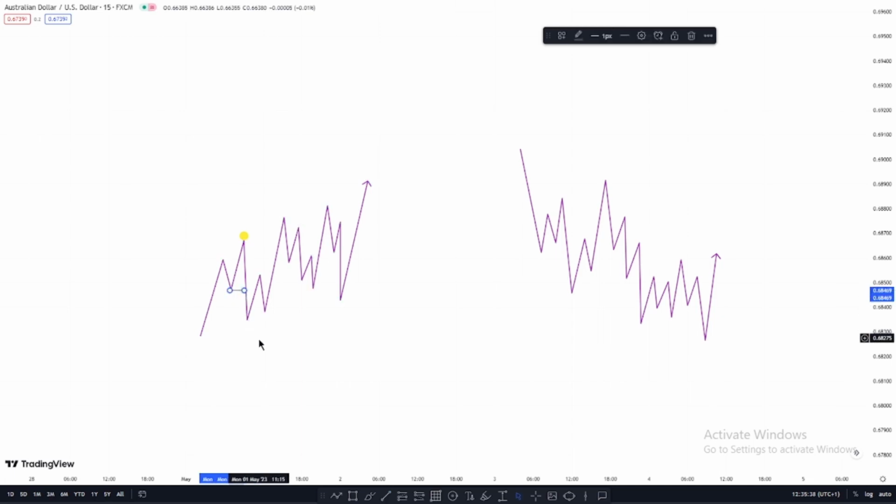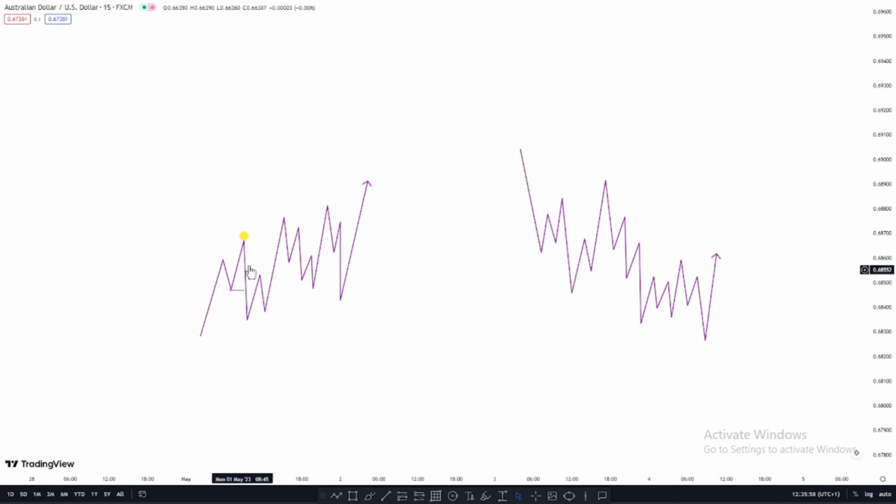It took it out. That confirms this high as a valid high. That is the way the institutions mark or map their structures. That's how they map their structures. This is what is known as institutional structures.